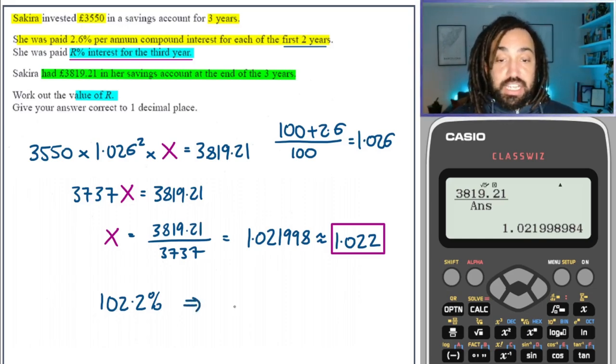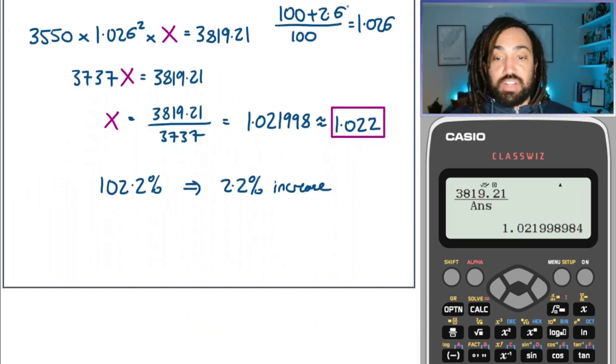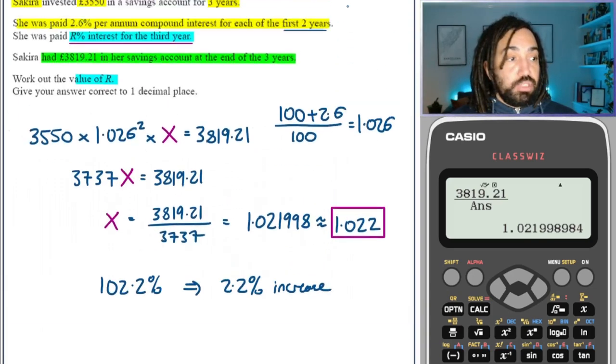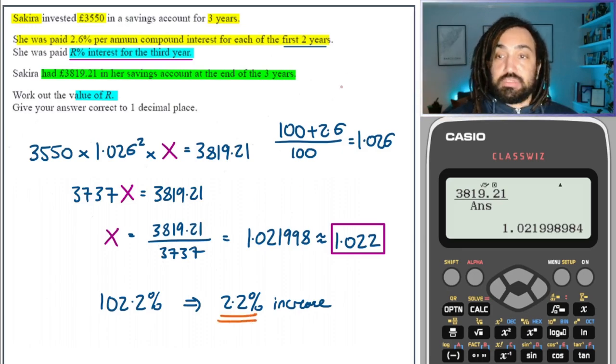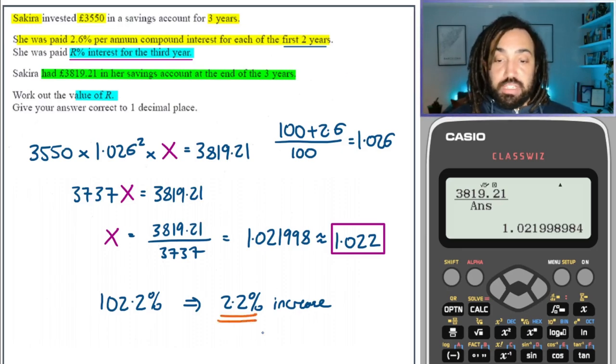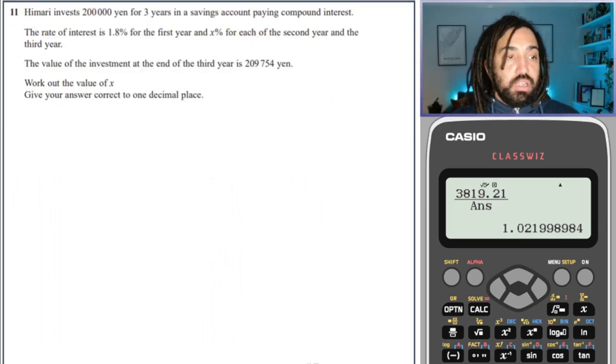This is clearly a 2.2% increase. So therefore the value of r is 2.2. Perfect. So, just being super pernickety, I'll say r equals 2.2. Final answer, bosh.